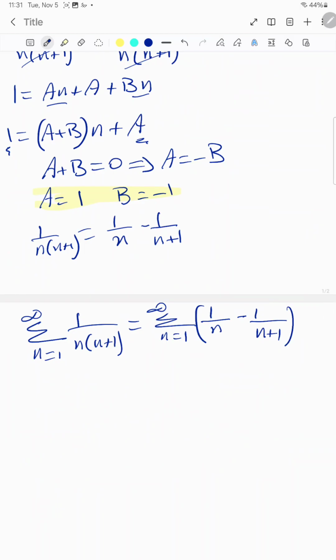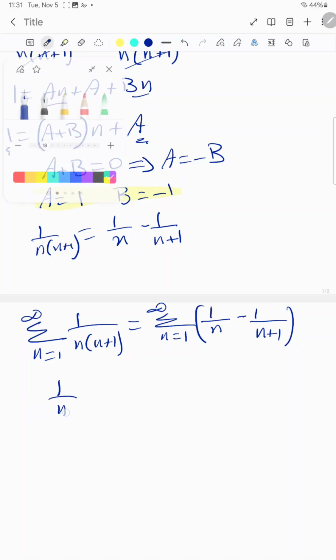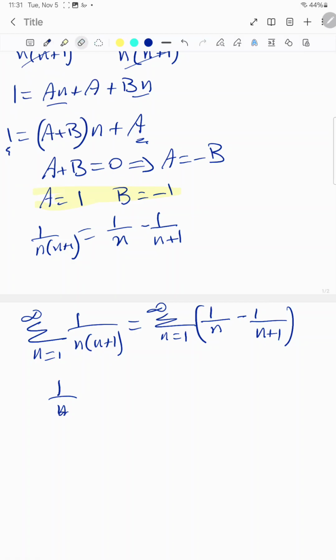So if I take the first term, when n is equal to 1, I would have the sum. If I take the first term, it becomes 1 divided by 1, because n is equal to 1 on the first term, minus 1 divided by 1 plus 1, which is 2.